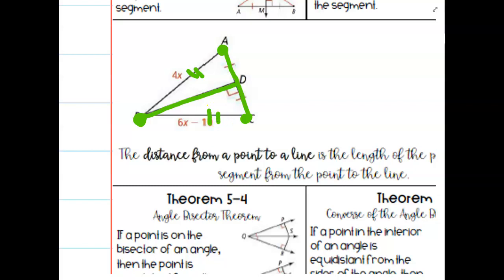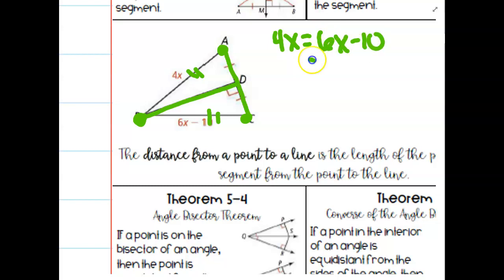Those two sides of that triangle, if you draw those lines, are going to be congruent, which can help me find my value of x, because if those sides are congruent, what do you know about the lengths? Equal. Yeah, they're equal. So I could say 4x equals 6x minus 10.